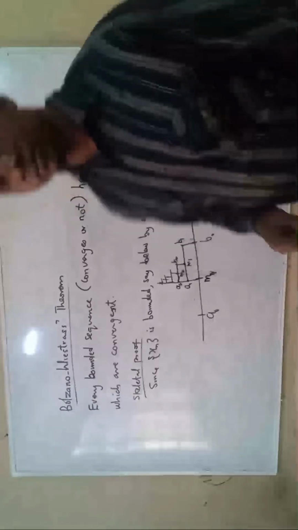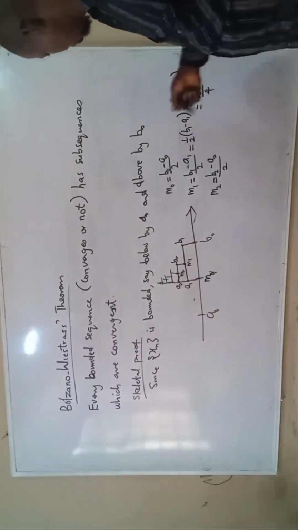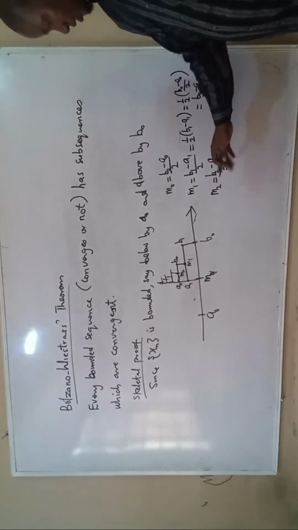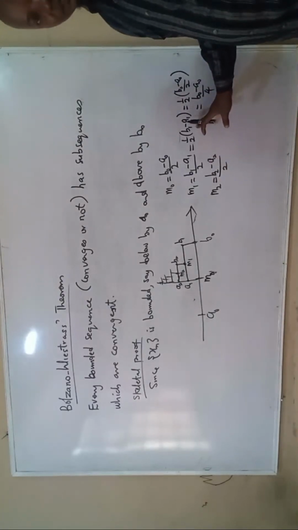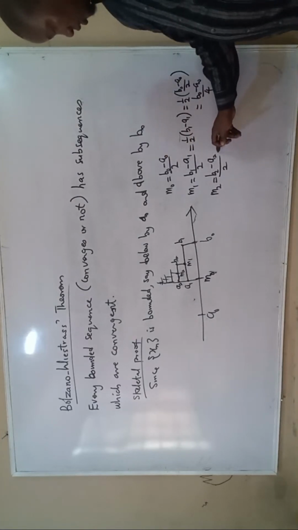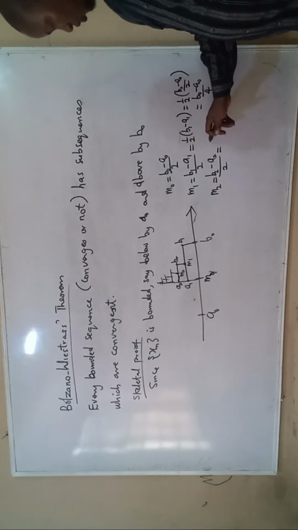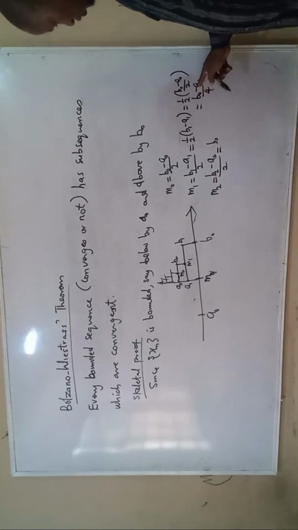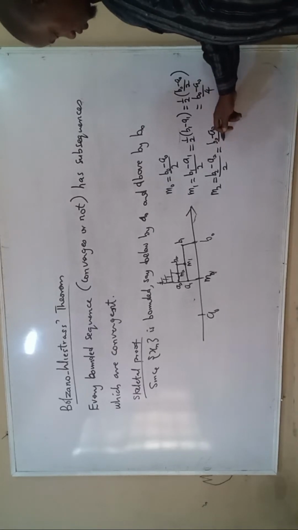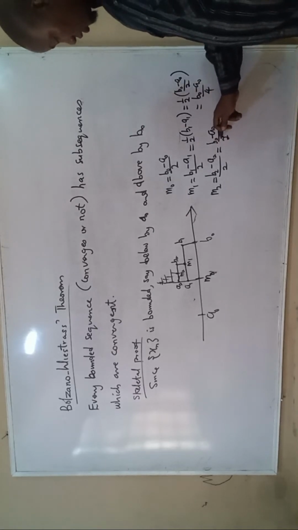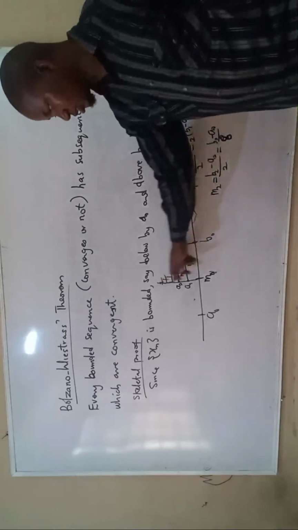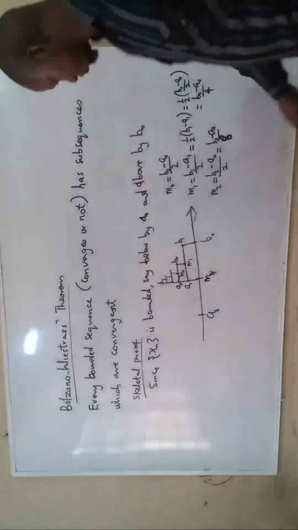You recall that M2 also defines a term in form of B1, and B1 also defines a term with B naught. Using this, this will be B naught minus A naught over 2 raised to the power of 3, or you call it 8.